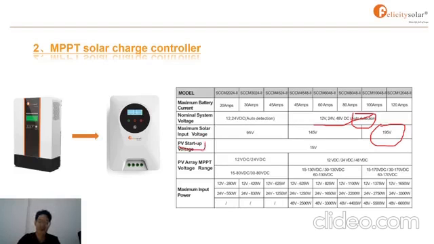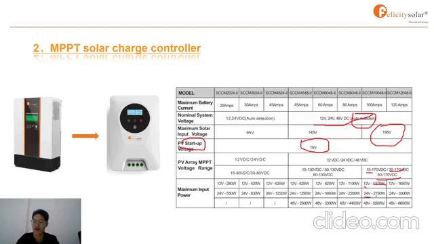And the PV start voltage is still the same, the 15 voltage, and you can see that for the different voltage system, they have different power. For the 12 voltage system, the maximum power is 1,375.